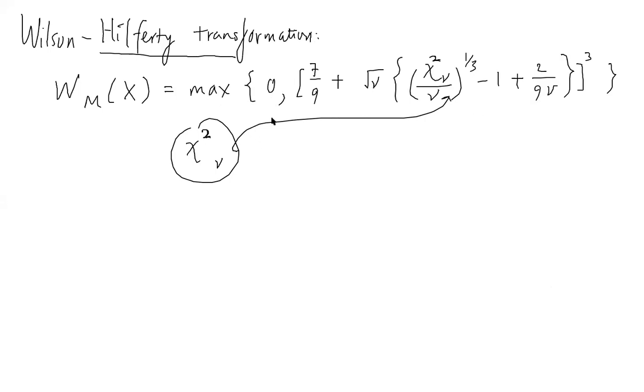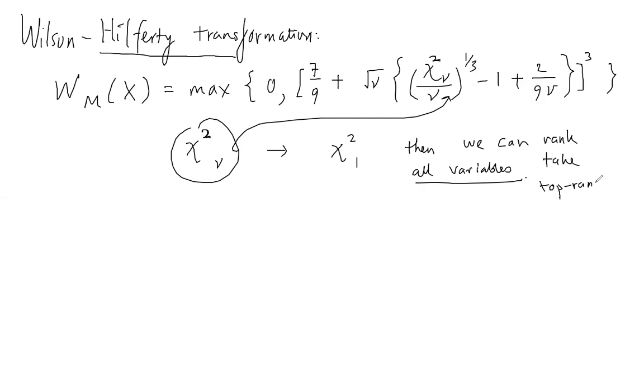So after it goes through this transformation, it becomes a chi-square 1 random variable, and then we can compare, we can rank all variables. Then you take the top ranked variables. All right, so this is the idea.